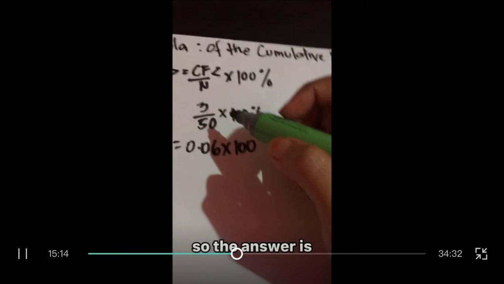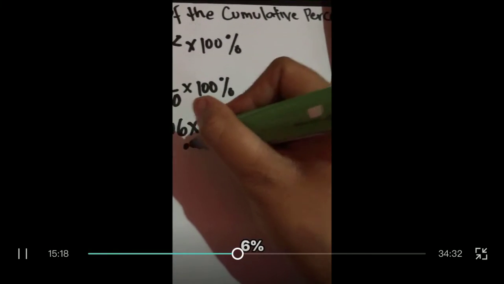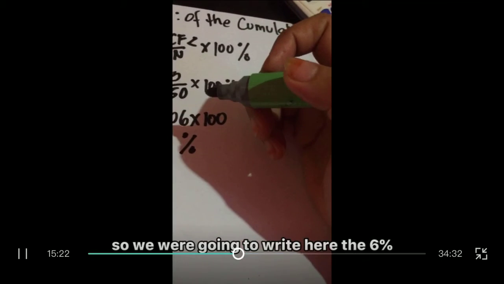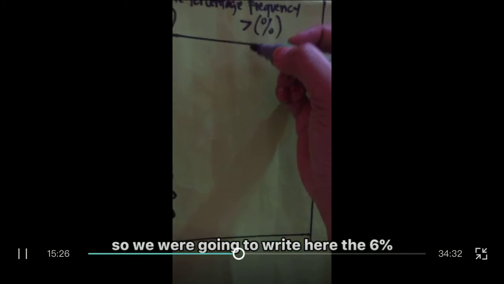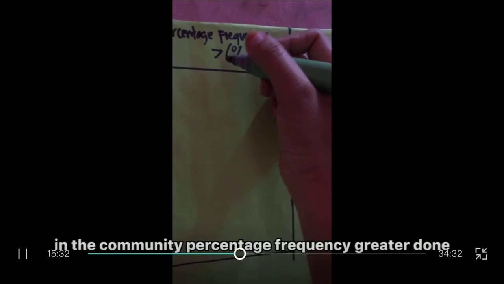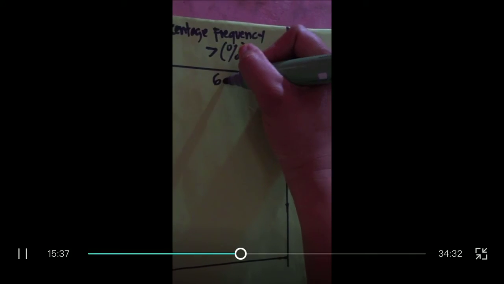So the answer is 6. So I'm going to write here the 6% cumulative percentage frequency greater than.